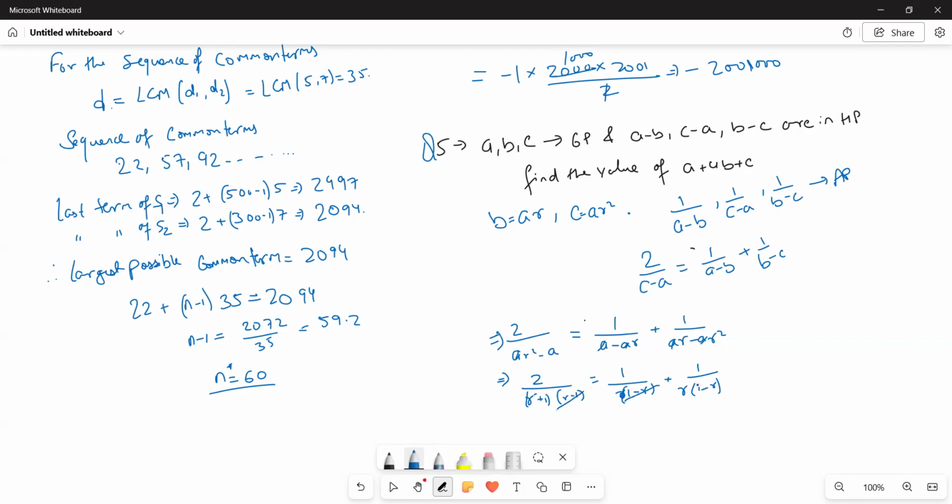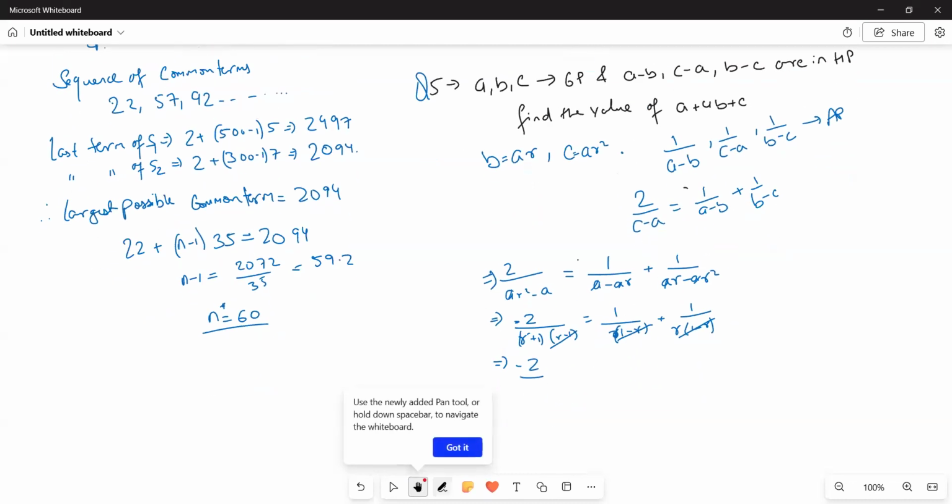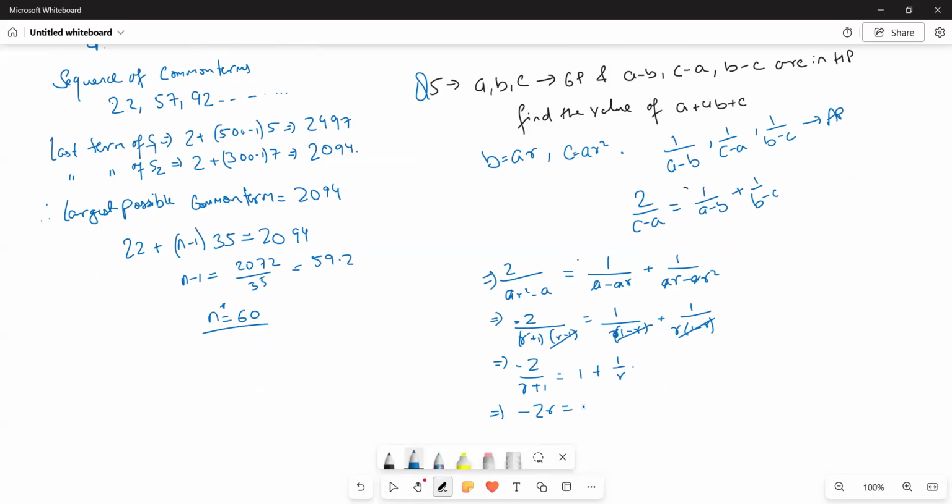So R minus 1, 1 minus R, 1 minus R सब जगह से cancel हो गया, giving a minus behind. So we get minus 2 by R plus 1 is equal to 1 plus 1 by R. So it's like minus 2R is equal to R plus 1 whole square, which will give us R square plus 4R plus 1 is equal to 0. अब इस पूरे इक्वेशन में A मल्टीप्लाई कर दो.